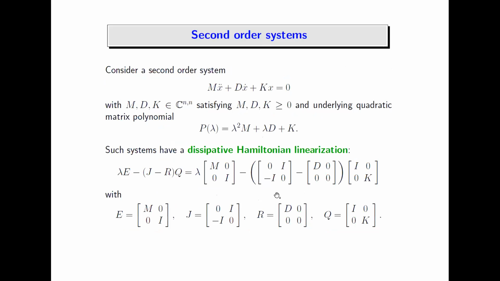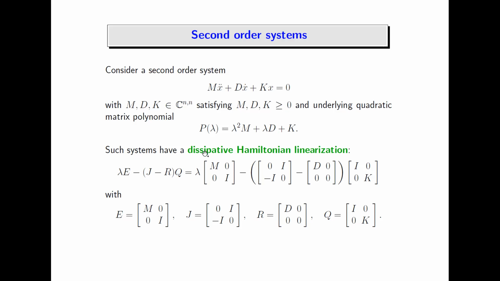Okay, now let's look at second order systems and see if we can find some structure that leads to similar properties. And indeed, this is the case. So if we consider second order systems, like here, a mechanical system where all the coefficient matrices are positive semi-definite, which means we have the underlying quadratic matrix polynomial given here.